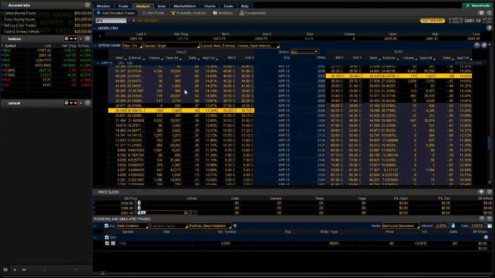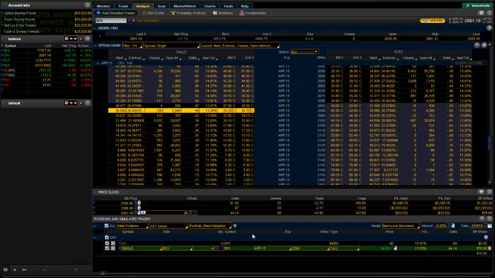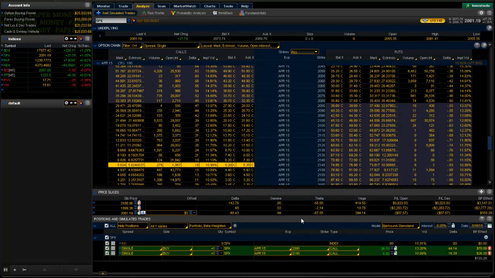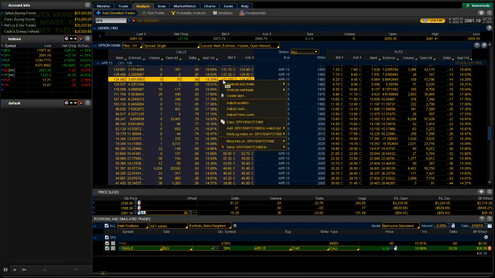So remember, if we are long a call option, we want the market to go up, right? So if we analyze buying a single call option, it doesn't matter if it's at the money, if it's way out of the money, if it's way far in the money.